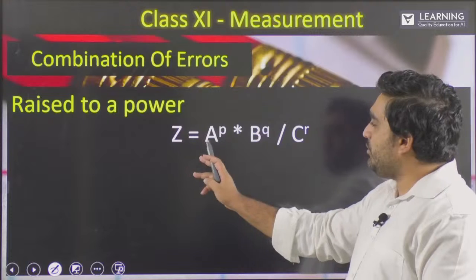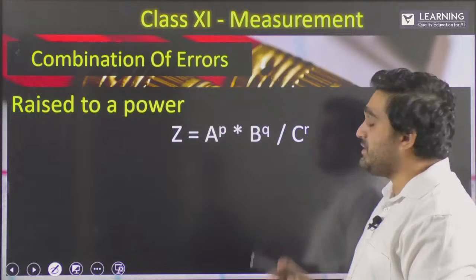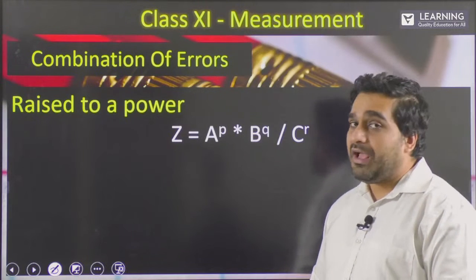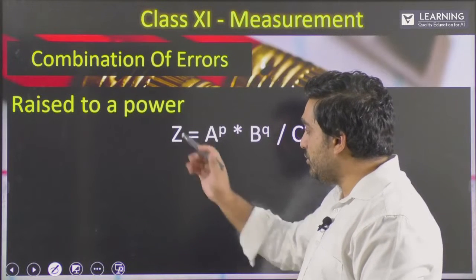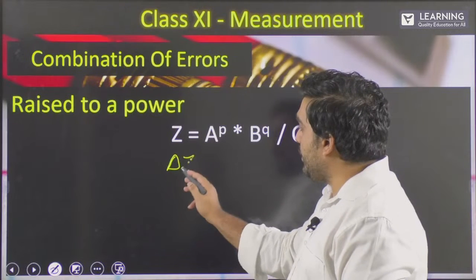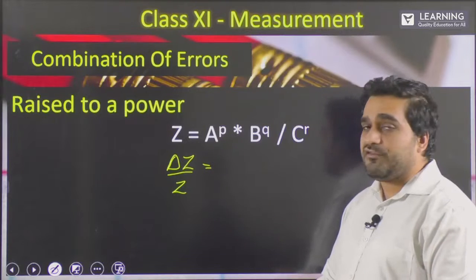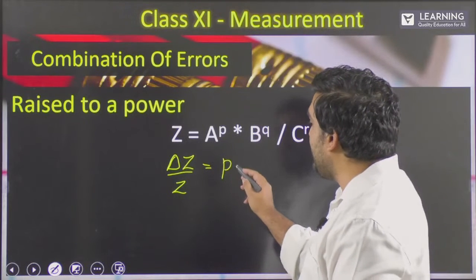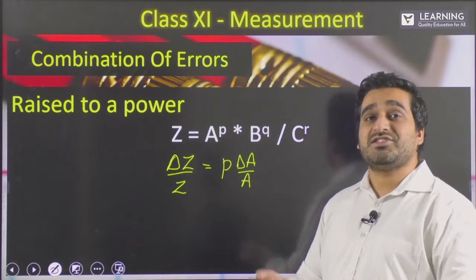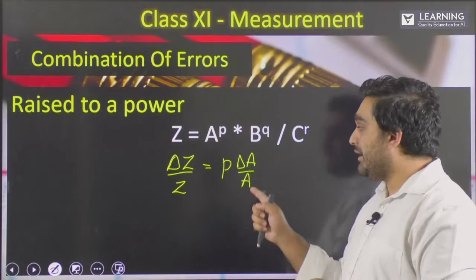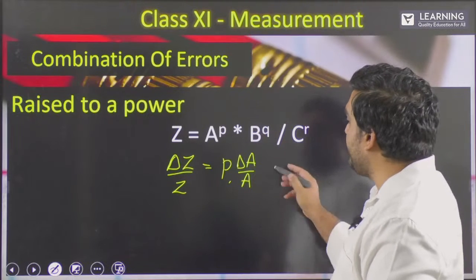You have z equals a to the power of p, b to the power of q, divided by c to the power of r. What happens to the relative error, the total error? You have delta z by z equals p delta a by a, just like what we observed in a square, which is 2 times delta a by a.